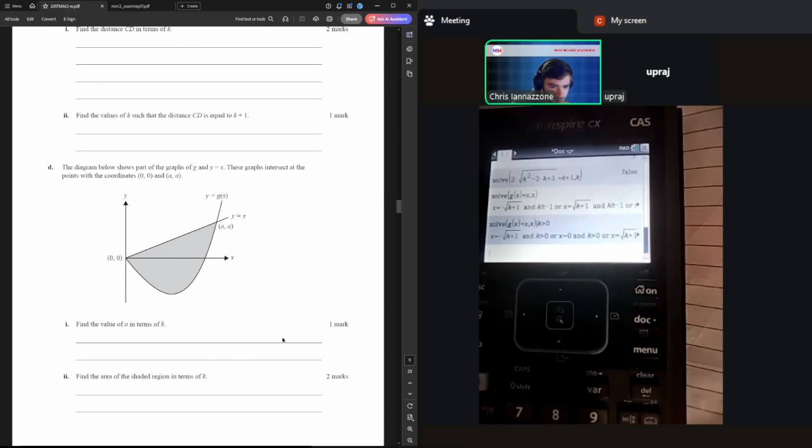Cool, okay, that's that. Double I, find the area of the shaded region. There are a couple of ways you can go about this. This should be fair enough.